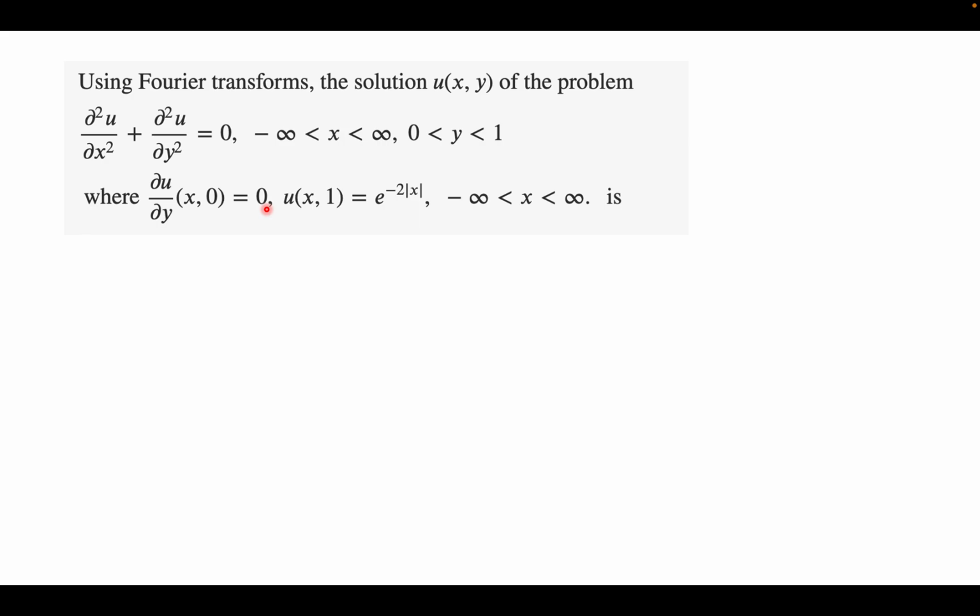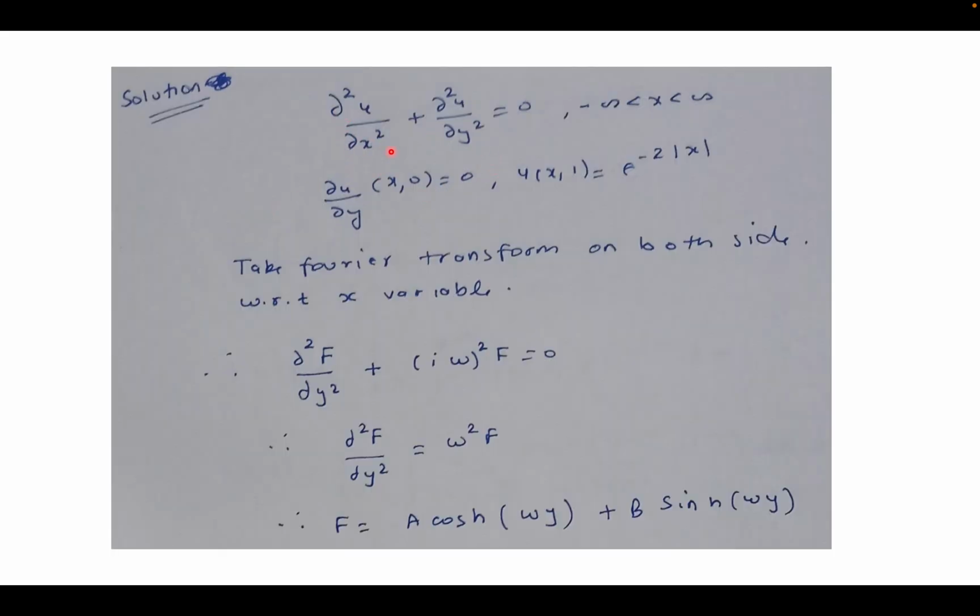Okay, so first of all, this is the given problem, and these two are the given boundary conditions. So basically what you need to do first, as you have chosen to define the Fourier transform with respect to the x variable, right? So now if you write this and take the Fourier transform on both sides, first of all let's take del square u by del y square, right?